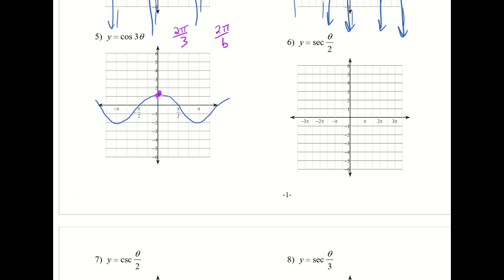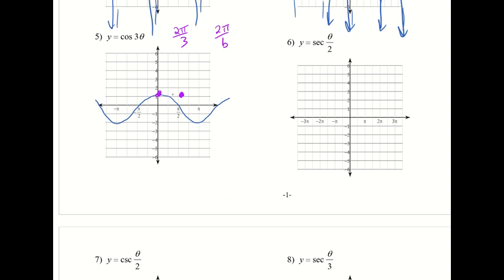Now the period is how much time it takes a function to complete a full cycle. So what we do is go out 2 pi over 3, which is not easy to do on this graph. 2 pi over 3 is somewhere in here, and we have another maximum.